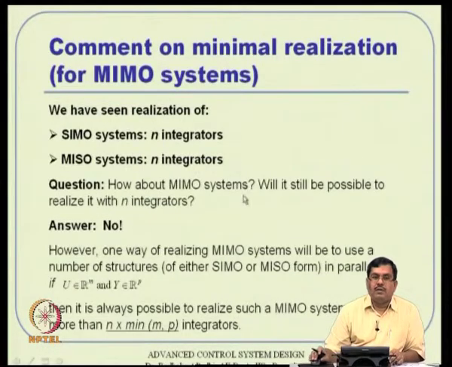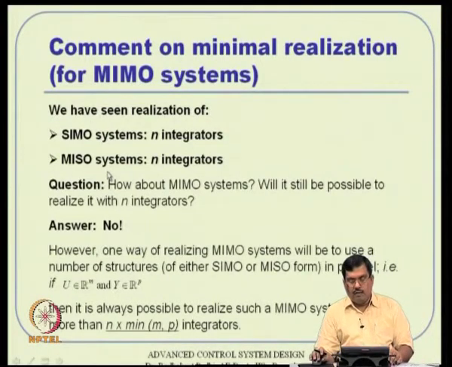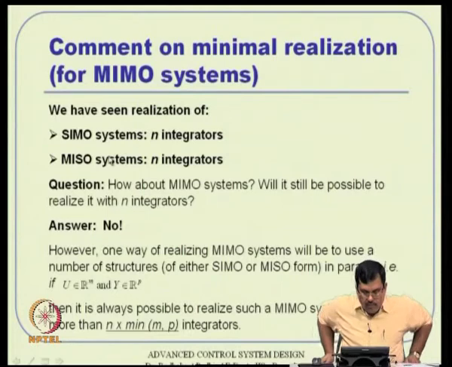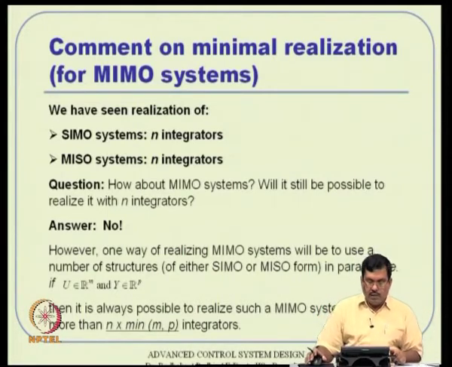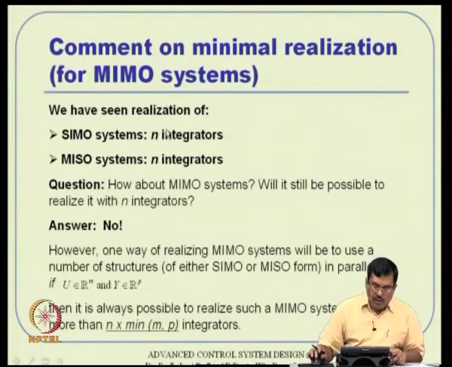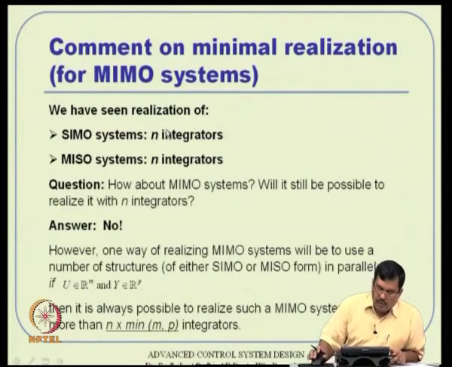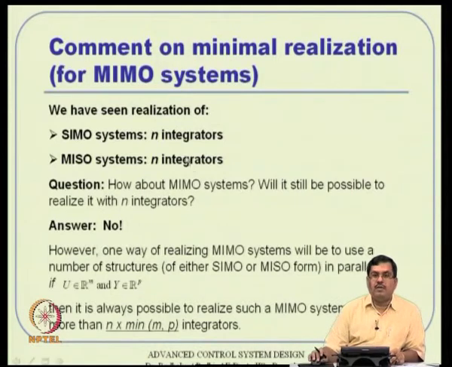All right. So, now some final comments. What have you seen? We have seen single input, single output systems, the SISO systems. That's why we started all these realizations, and we started with an nth order polynomial in the denominator, and we saw that they require n integrators.